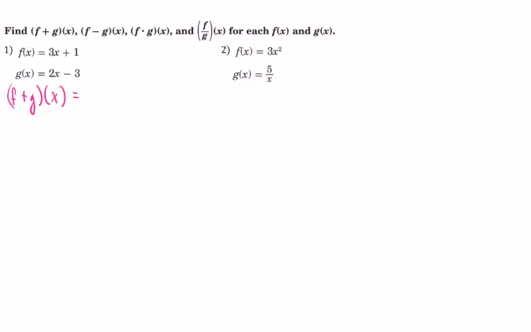So it's going to be f of x, which is 3x plus 1, plus g of x, which is 2x minus 3. So we just combine like terms, and we end up with 5x minus 2.